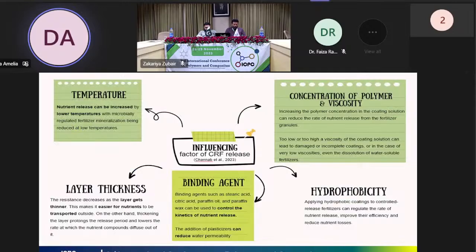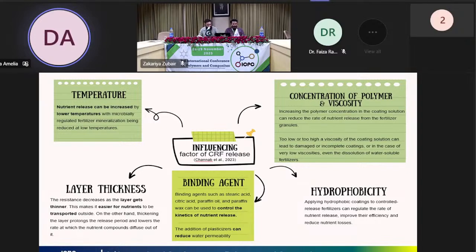Some factors that influence the CRF release. The first is temperature, because temperature can control nutrient release, because the nutrient release can increase at higher temperature, with microbially regulated fertilizer mineralization being reduced at low temperatures.